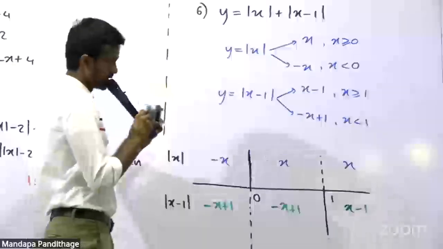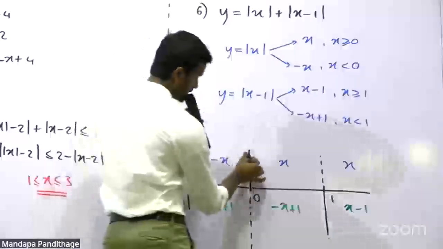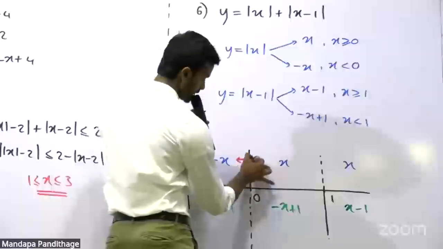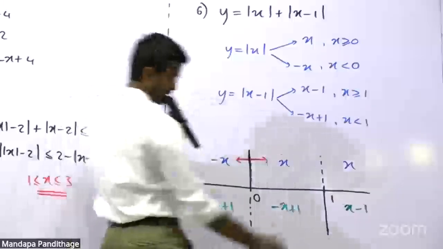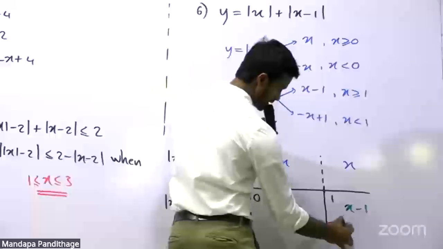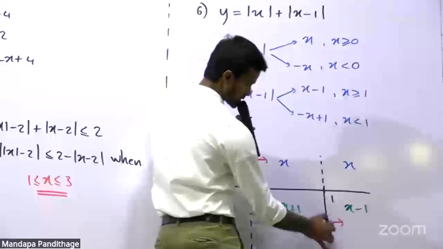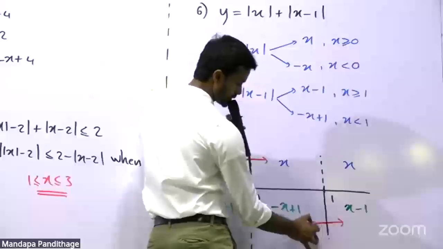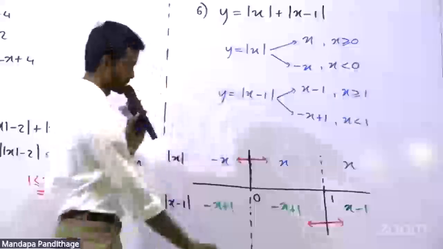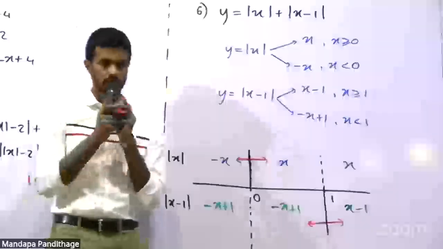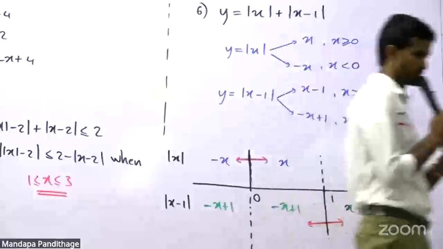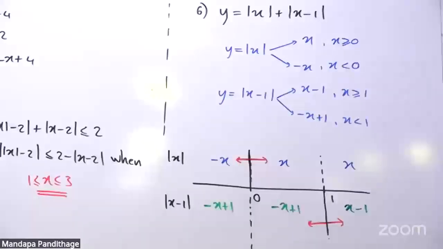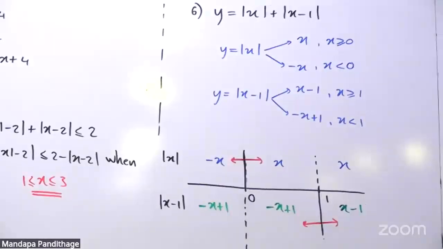That's why when it is less than 0, you get minus x. And when it is greater than 0, in both ranges, it's x. Here, when it is greater than 1, you get x minus 1. Less than 1, both regions, you get minus x plus 1. Okay, so write this down. Try to get the idea and write it. Just don't copy paste.